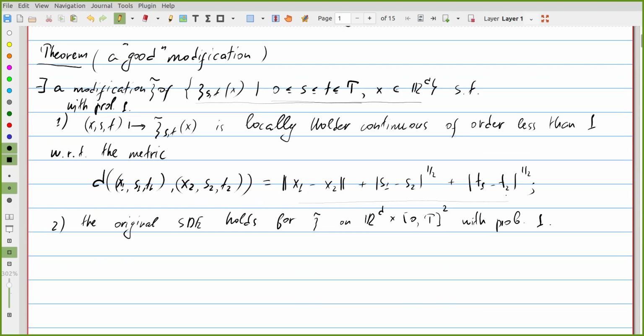It's typical also for the whole theory of stochastic differential equations: the time variables are always calculated with powers two times less than the spatial variables. And the second condition is that the original SDE holds for psi in its integral form almost surely.